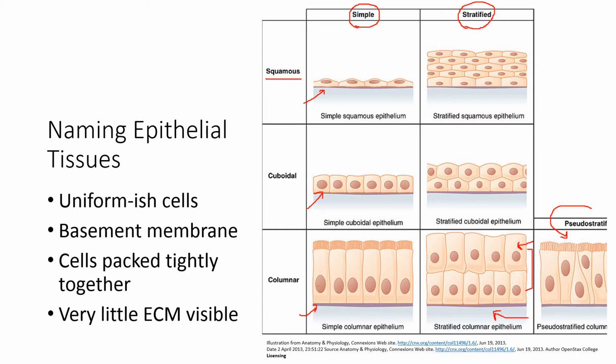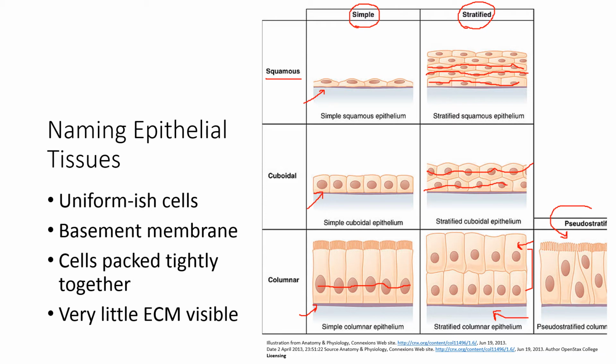And I could almost draw like a chain going from nucleus to nucleus. Over here for the stratified, I can draw a chain, nucleus to nucleus, and I can see that there's more than one layer of cells. Same here, because it looks like two lines.